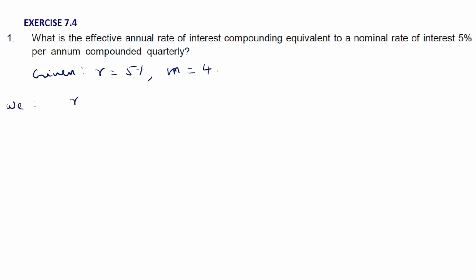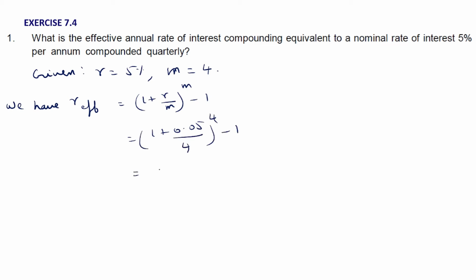Now using the formula, we have r effective is equal to (1 + r/m)^m − 1. So it is (1 + 0.05/4)^4 − 1. So it is (1 + 0.0125)^4 − 1. It is 1.0125^4 − 1.